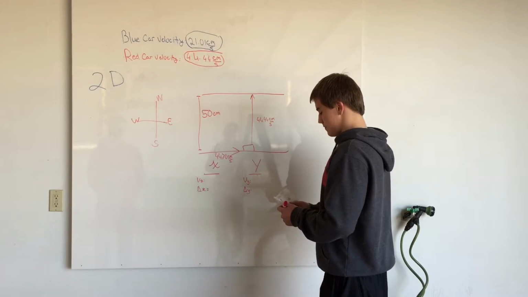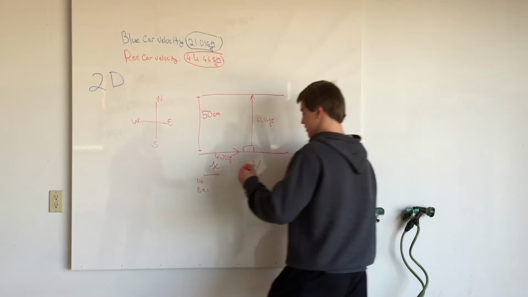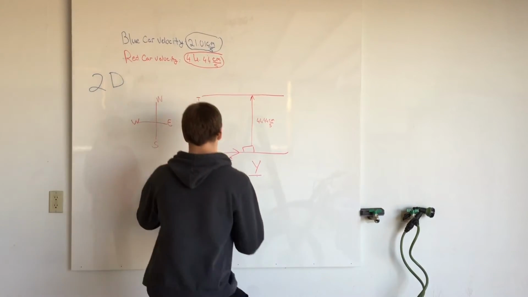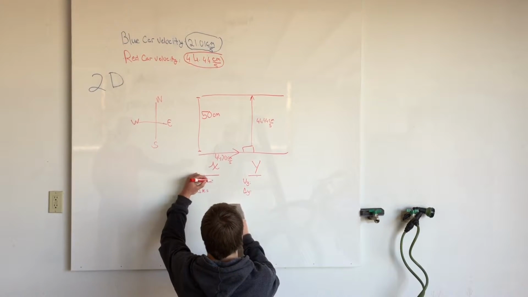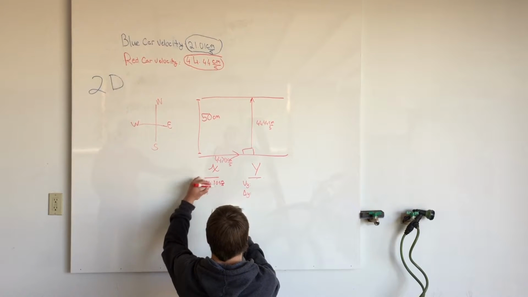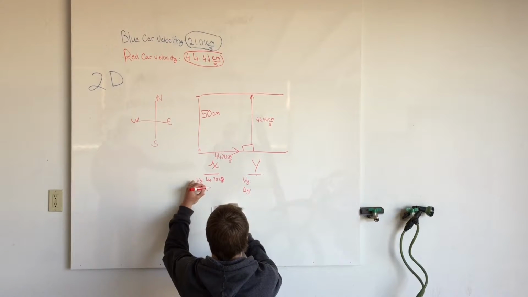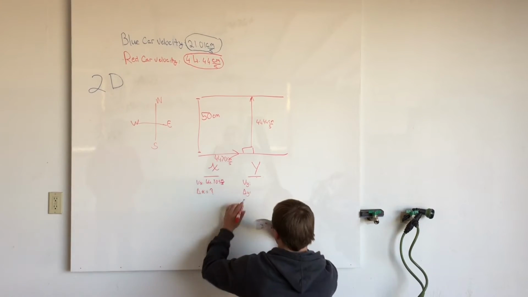I'm going to plug this all into this chart down here so it's a little more organized. We have a question mark for our delta x, which is our variable.